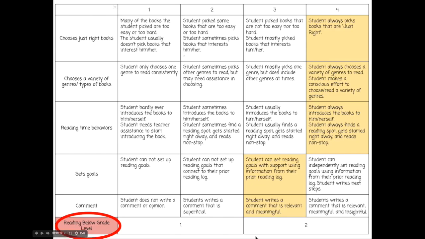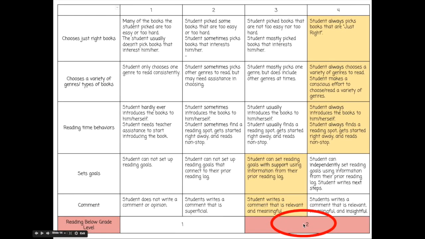As you can see, David is progressing and he is able to do many of the standards. He's getting 4s and 3s. However, since he is reading way below his grade level, it is not fair or accurate to say that he is a 3 or a 4, meeting the standard or exceeding the standards. So in this case, because he is below grade level, he would get a 2.